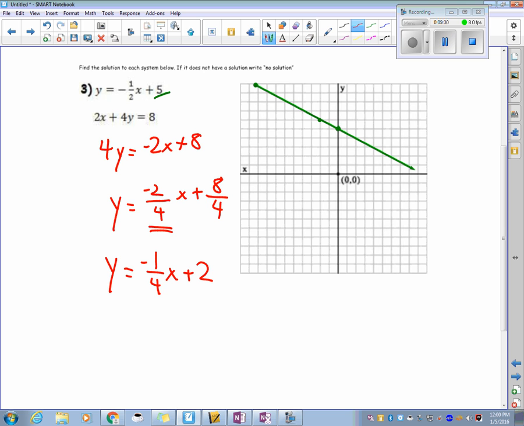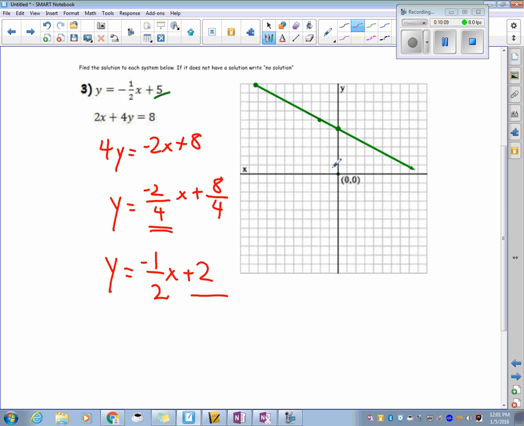So my y-intercept is 2. And the slope is negative, so go up 1 and left 4. Actually, this is supposed to be a 2, because negative 2 over 4 reduces to negative 1/2.